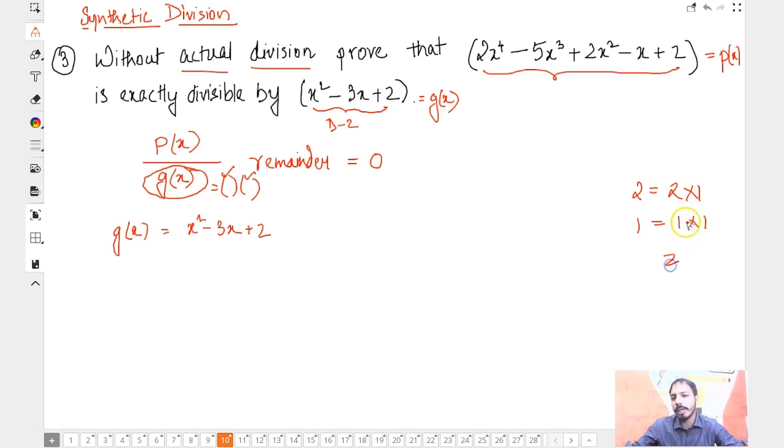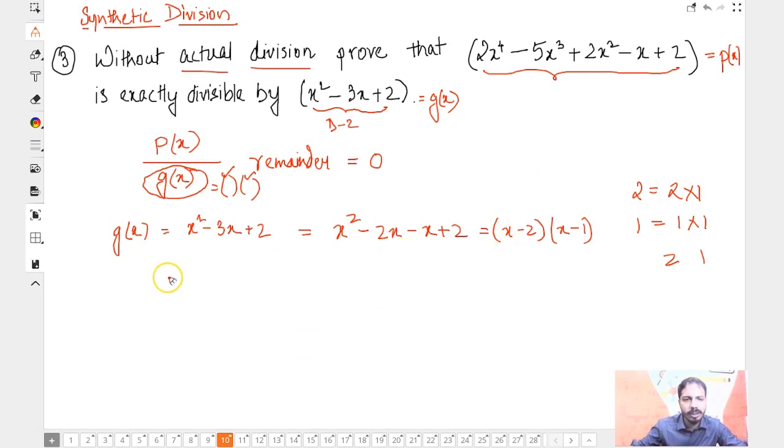Now 2 into 1 is 2 and 1 into 1 is 1, and if we add 2 and 1 we get minus 3. So you can write this as x square minus 2x minus x plus 2, right? Now here we can take x minus 2 common, and then we have minus 1 common here, and we will get x minus 1. So this is how we can do this.